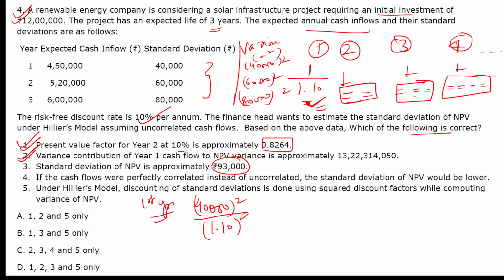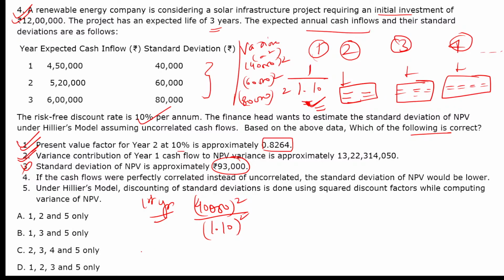It is 40,000 square divided by 1.10 square plus 60,000 square divided by 1.10 power 4 plus 80,000 square divided by 1.10 power 6, right? Which will be around 7393, right? So standard deviation will be the square root of it, which will be around 85,987. So this is wrong.